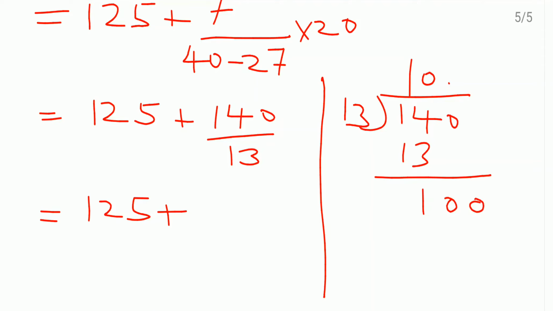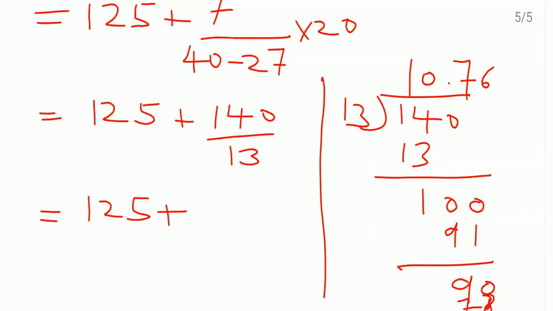Now 13 sevens are 91, so it comes as 9 only. Now this 0 is here, 13 sixes are 78.